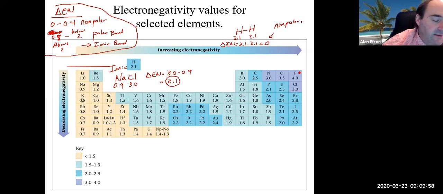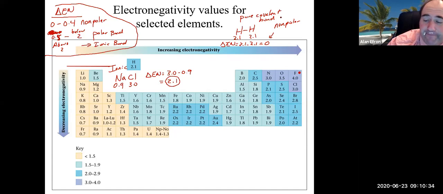And when you actually do get a difference in electronegativity of exactly 0, it is technically a nonpolar bond, but some people also classify this type of bond as what they call a pure covalent bond. A pure covalent bond, which is just another word for nonpolar bond, is really when you achieve perfect equal sharing of electrons.